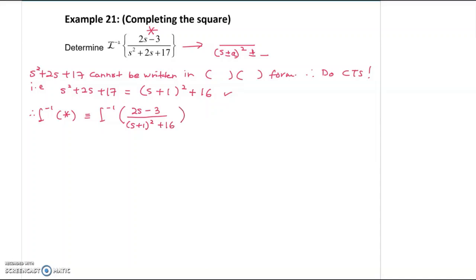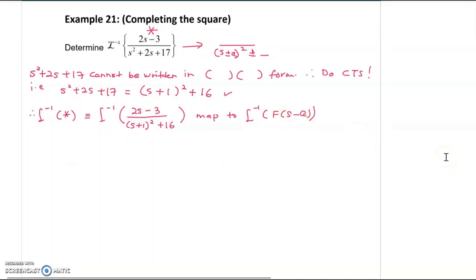Which can be mapped to the inverse of F(s minus a), because in the bracket here we have a function in the form of s minus something. By looking at your denominator here, you know that your a is negative 1 if you map this one to this one.